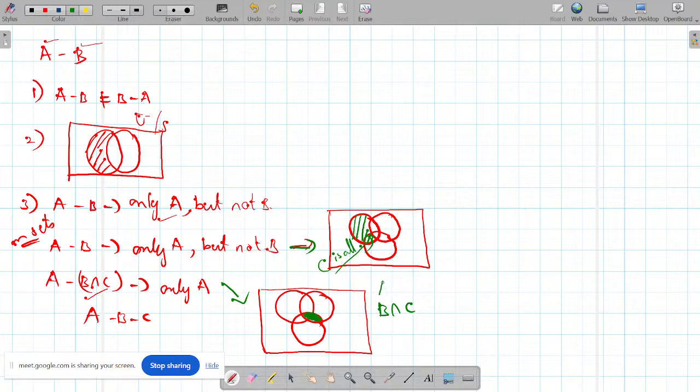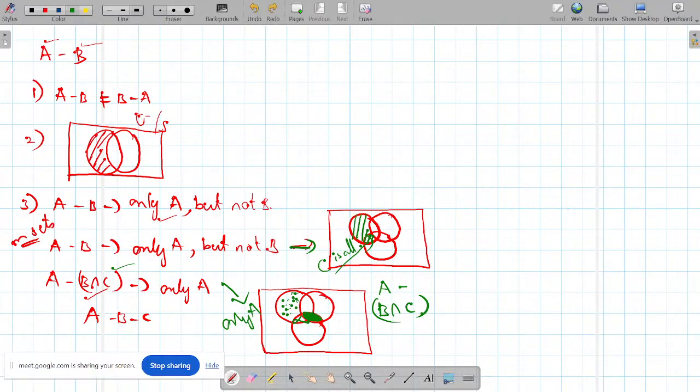Obviously, now I'm going to remove B intersection C from A, which means this B intersection C should not be present. And obviously, I'm not going to consider C also, so this one also should not be present. So my shading, I'll go for dots. So this is going to be my A minus B intersection C, which is read as only A.